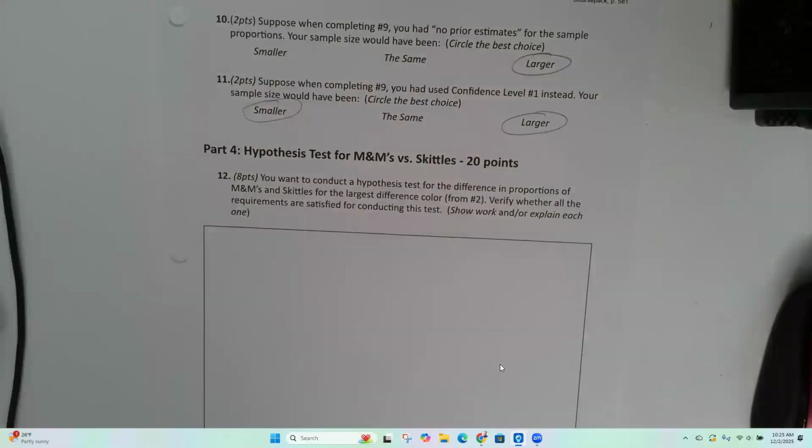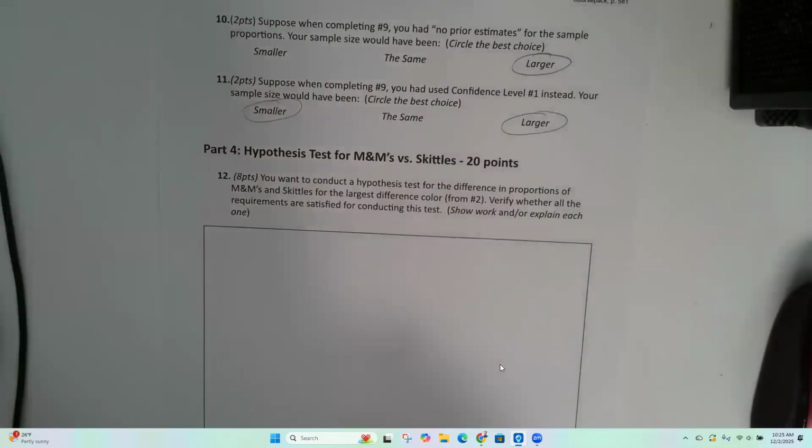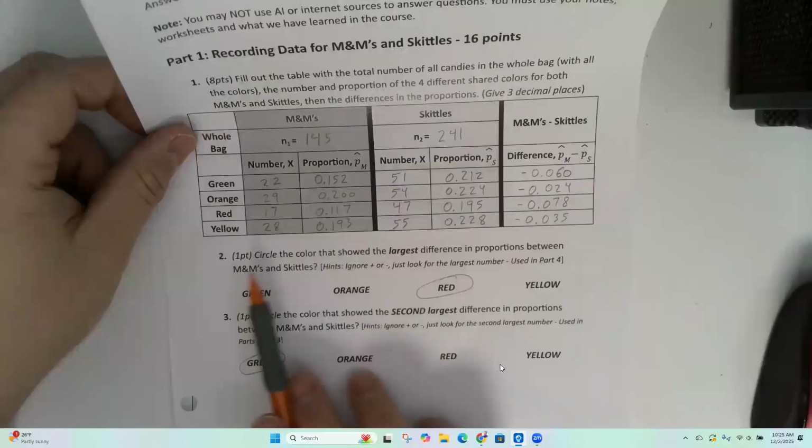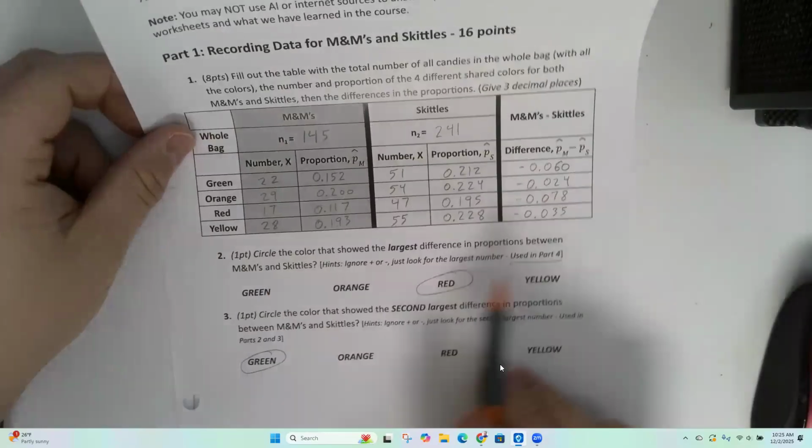All right. Now let's move on to hypothesis testing. You want to conduct a hypothesis test for the difference in proportions of M&Ms and Skittles for the largest difference color. So now we're doing the largest. Mine was red. Okay, so we're on to part 4, which is our hypothesis testing. I'm going to be looking at red.